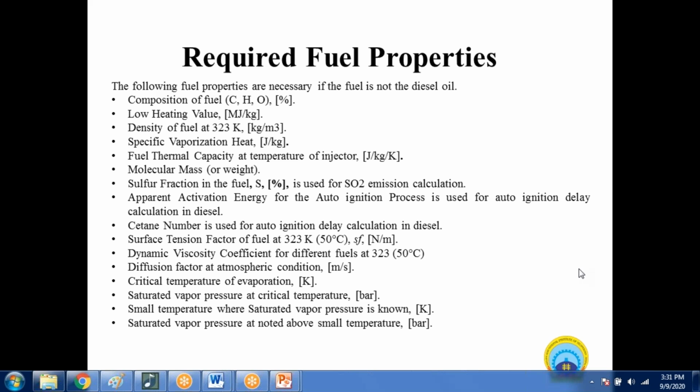Therefore, the list of input data includes only data for a conventional diesel engine working at sea level conditions. If we are using fuel other than diesel, then we have to know all these properties. Otherwise we can't do the simulation process in Diesel-RK. Yes, next.